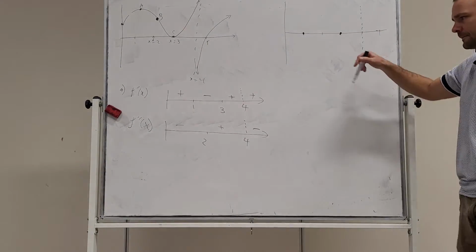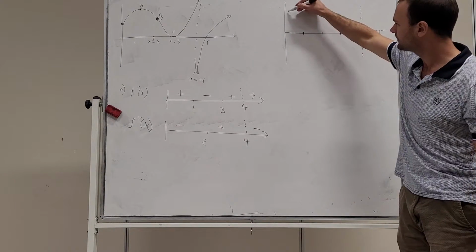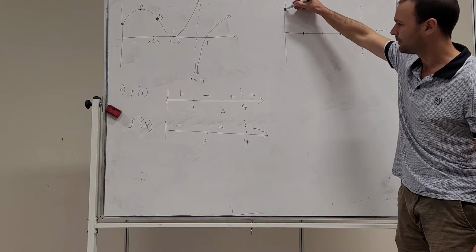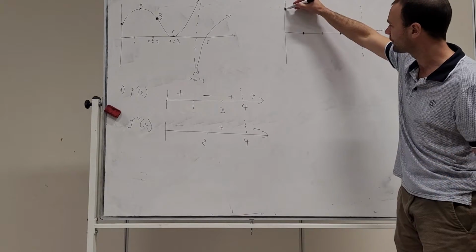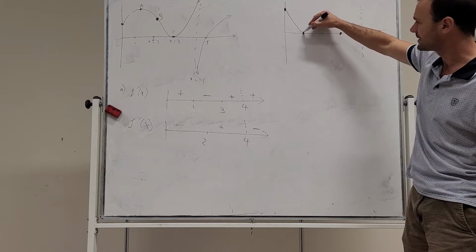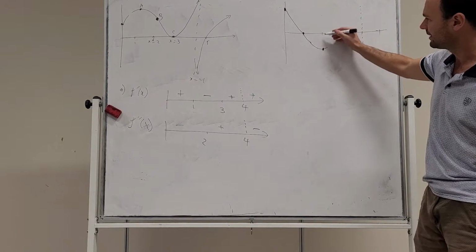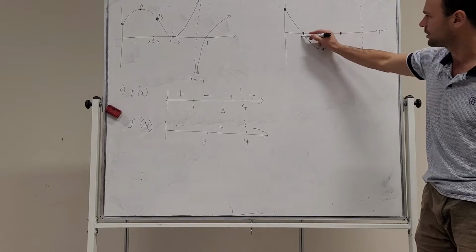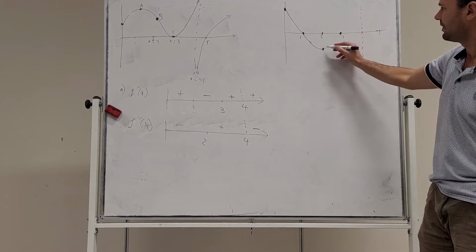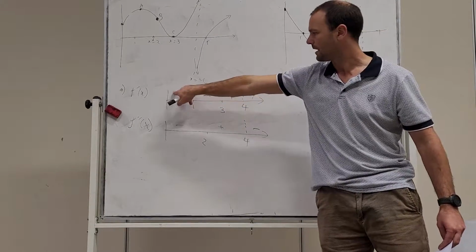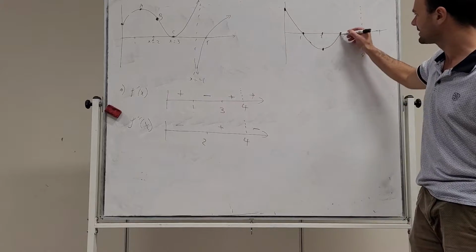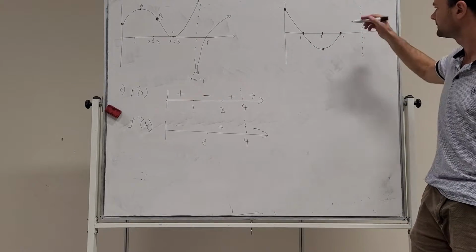So we're above until we get to 1. It's going to start here somewhere, we don't know, we're not given any values on the y-axis. And then it transitions to below. We have our turning point here, between x is 1 and x is 2. So we're below until we get to 3, and then we're back above.